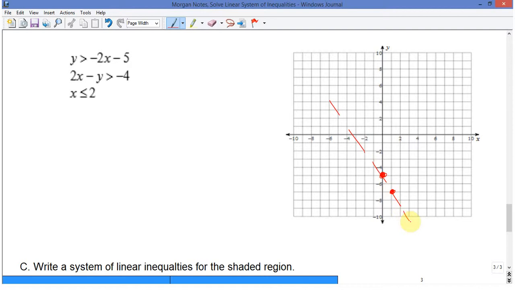Let's test the point 0, 0. 0 is greater than, I put a 0 in for x, I get a negative 5. That's true. So for this line, let's extend it on a little bit. That's good enough. This side is shaded.